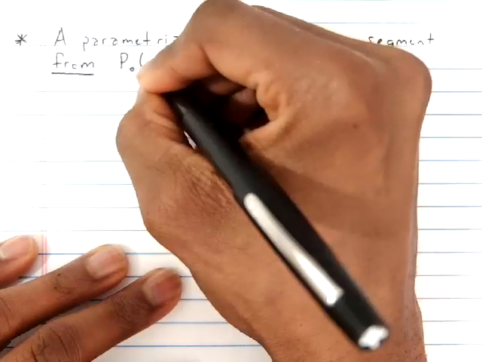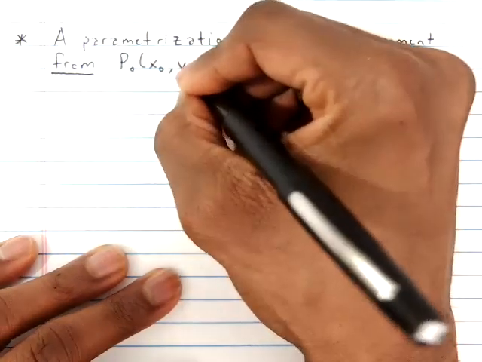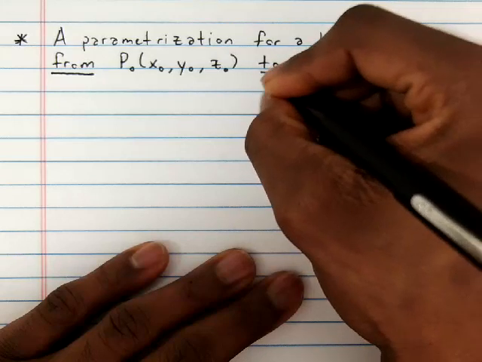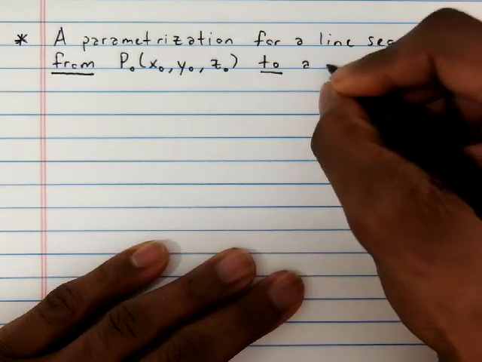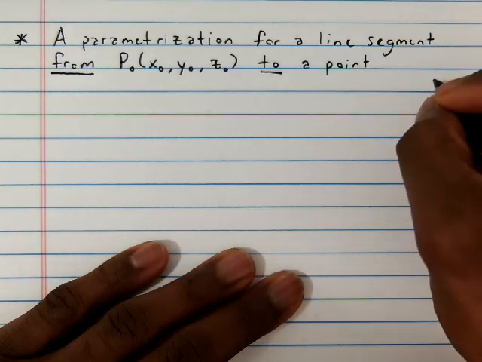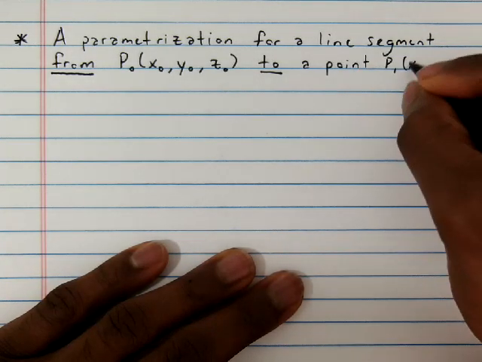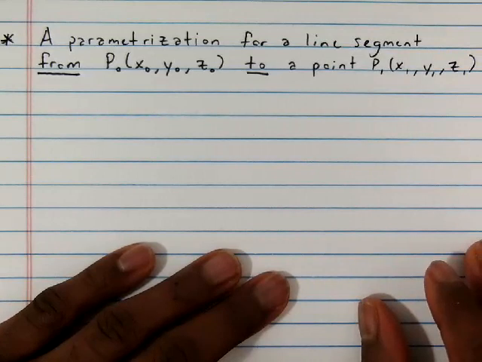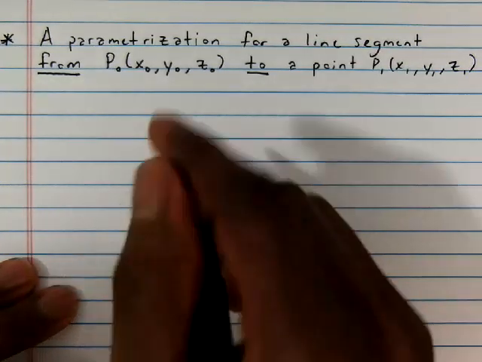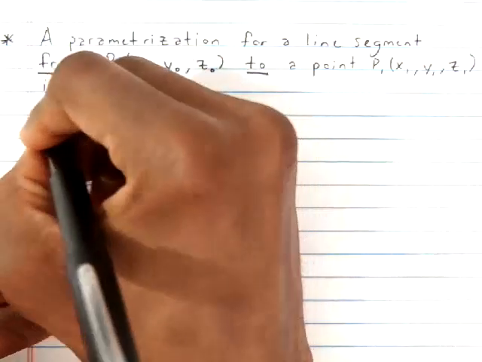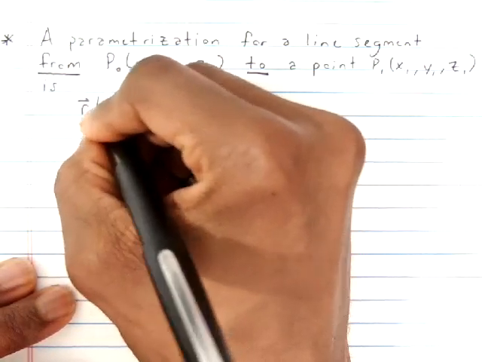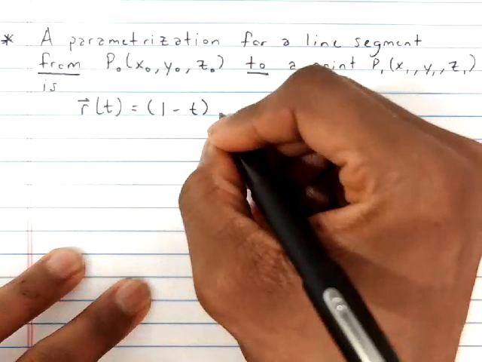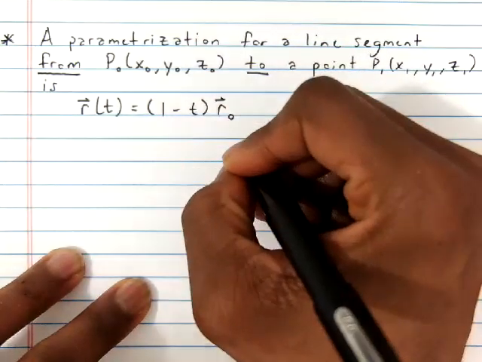a point P naught with coordinates x naught, y naught, and z naught to a point P1 with coordinates x1, y1, and z1 is the vector function r of t equals the quantity 1 minus t times the vector r naught.